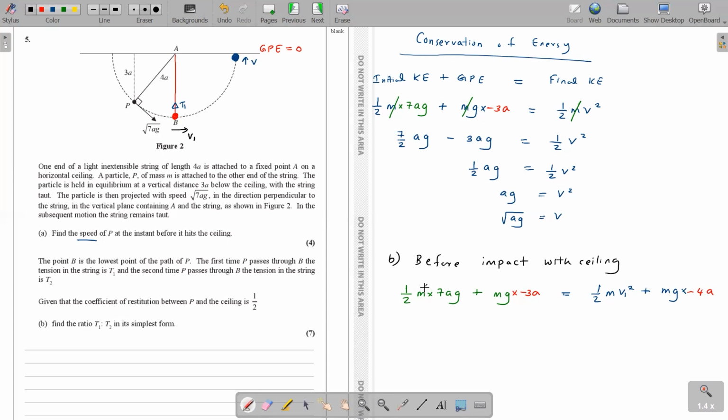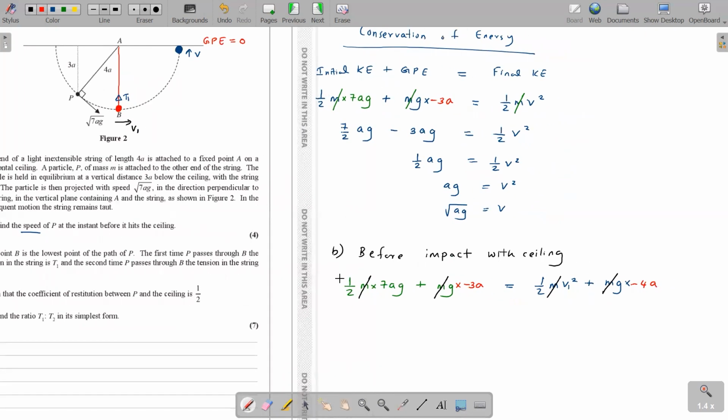Cut off all the m values here, m cancels out from everything. I'm trying to make v1 the subject, so we'll multiply the whole equation by 2. Half times 2 gives 7ag, minus 3ag times 2 gives minus 6ag, equals v1 squared, and 2 times minus 4ag gives minus 8ag.